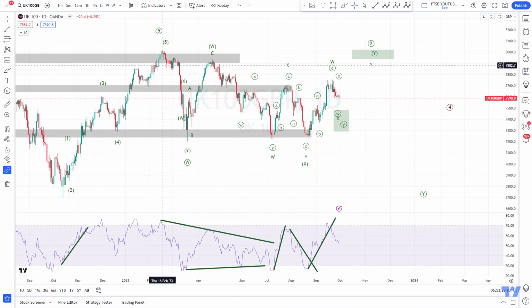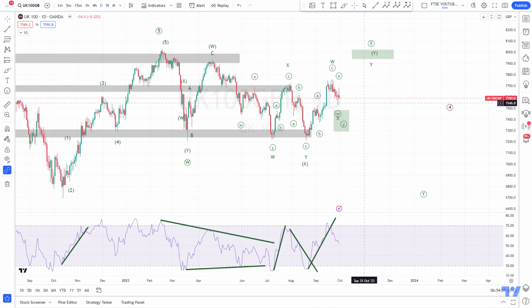So we had the wave W here, also as a WXY. So a lot of corrective moves here. As you can see, we are moving mainly in threes. Here it might look a bit complicated, but it all makes sense. These are all moves in threes. 1, 2, 3, 1, 2, 3, 1, 2, 3, 1, 2, 3, 1, 2, 3. So very corrective behavior.